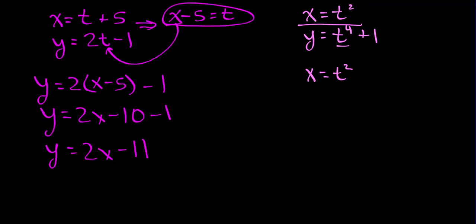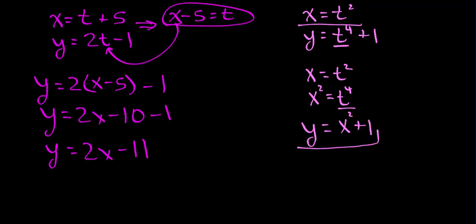So what I can do is square both sides. So whenever I see a t to the fourth, I can replace it with x squared. So y equals x squared plus 1, and there, I've eliminated the parameter.